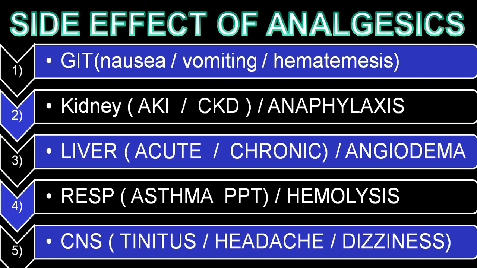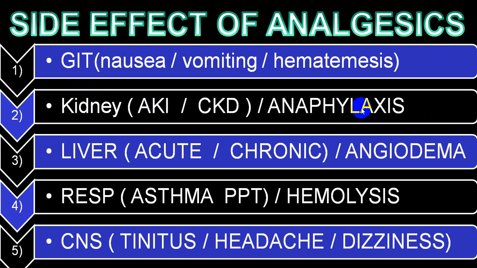So if you combine together the side effects of analgesics, that is NSAID: nausea, vomiting, most common. If they are not selective COX-2 inhibitors, if they have COX-1 inhibition, they will produce peptic ulcer disease and can produce hematemesis. As far as kidney is concerned, they can produce AKI, CKD.